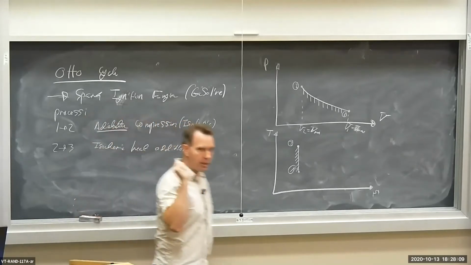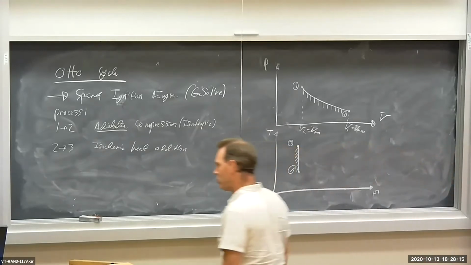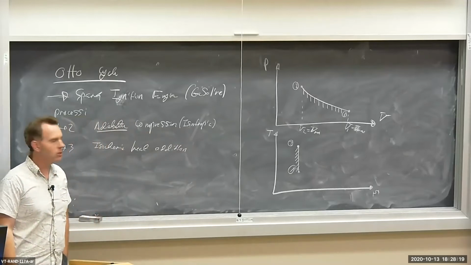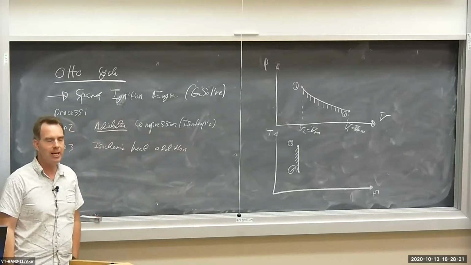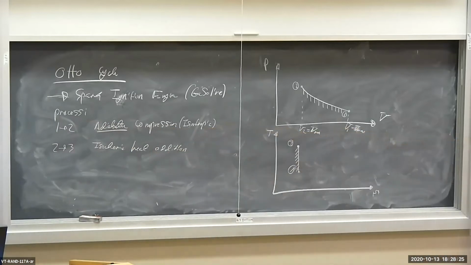Isochoric heat addition. So a spark occurs inside the piston cylinder device. The fuel burns very quickly. But as far as the piston cylinder device is concerned, the heat is released instantaneously at constant volume.